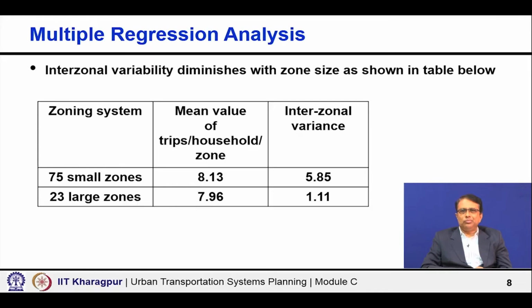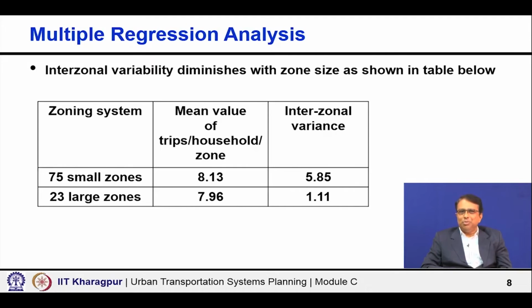Does it not indicate that even when using zonal means, the value I am indicating here is the mean value of trips per household per zone, and this mean value is also getting influenced by the zone size?